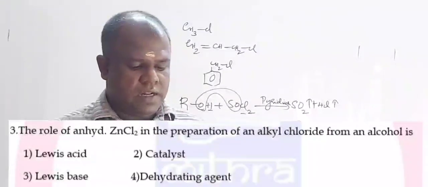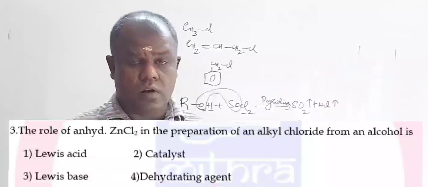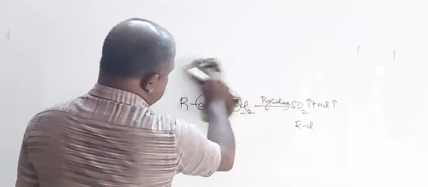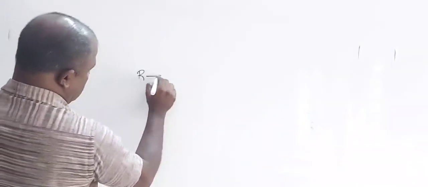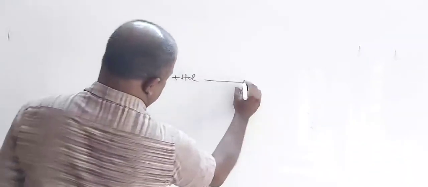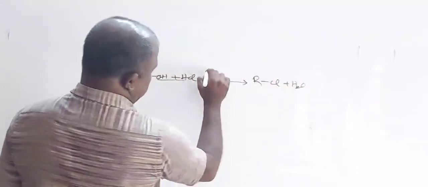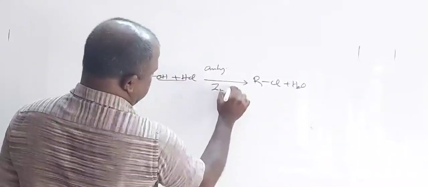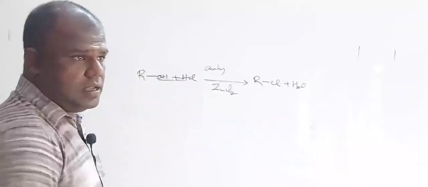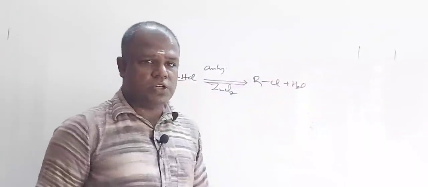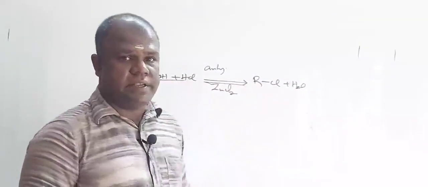Role of anhydrous zinc chloride in the preparation of alkyl chloride from alcohol. I am also writing this equation: alcohol plus HCl, with anhydrous zinc chloride as a reagent, gives RCl plus H2O. What is the purpose of the anhydrous zinc chloride? Actually, this reaction is reversible. That means the products RCl and water can join together to form ROH and HCl.